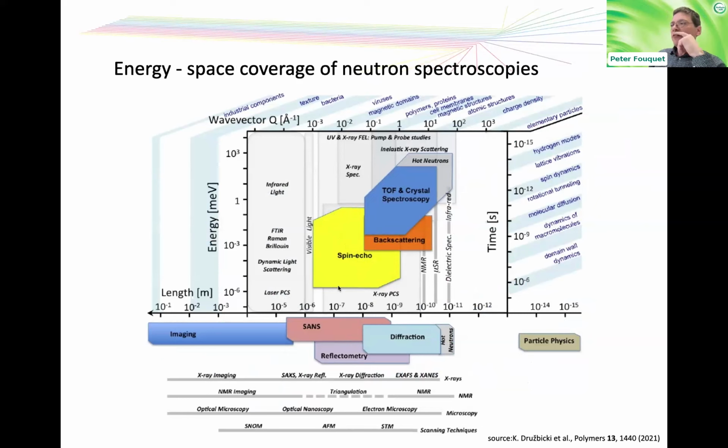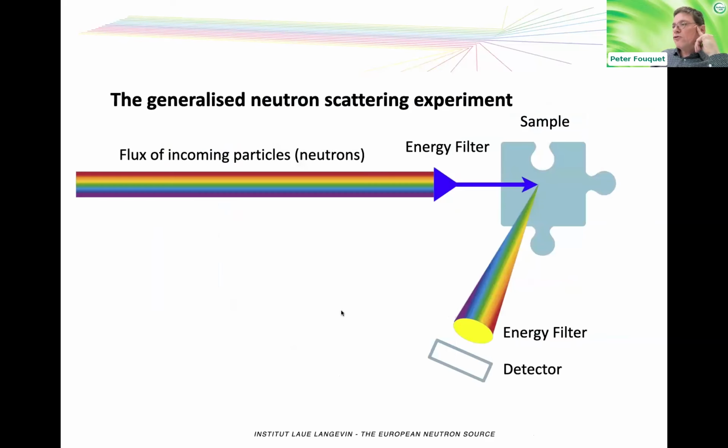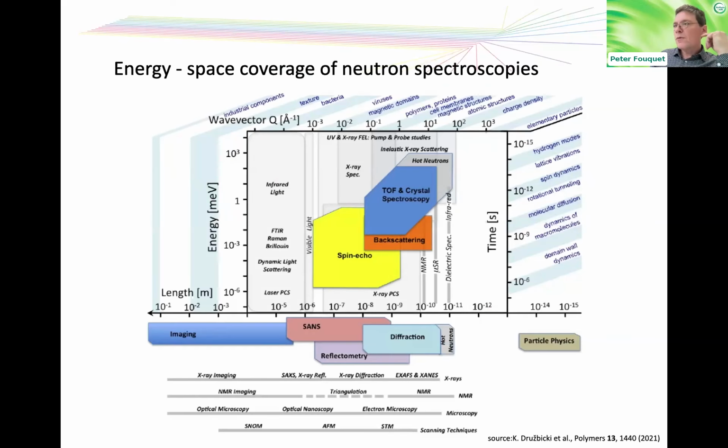Just to draw your attention to the center, we have different types of spectroscopy, all these colored blobs here that are different neutron spectroscopy techniques: time of flight spectroscopy, backscattering spectroscopy, spin-echo spectroscopy, and they can cover huge ranges. Huge ranges of length scales.